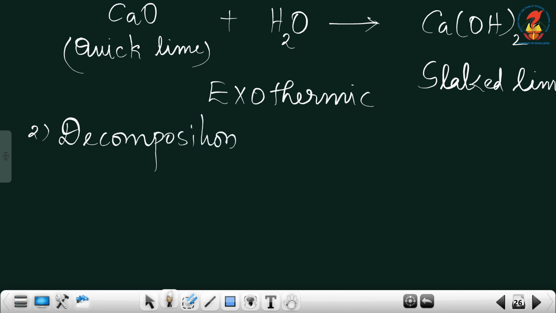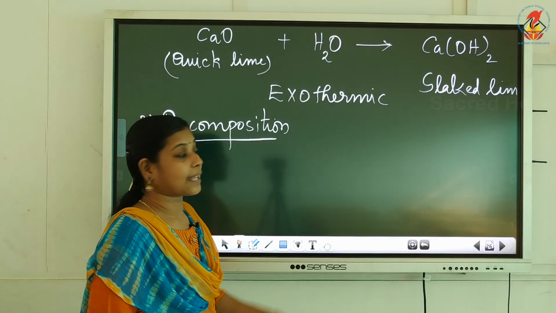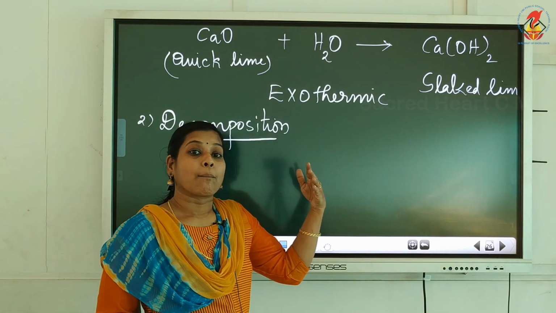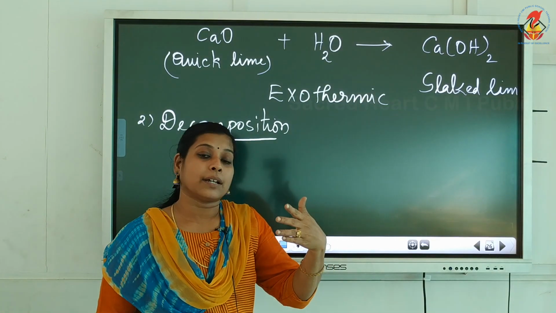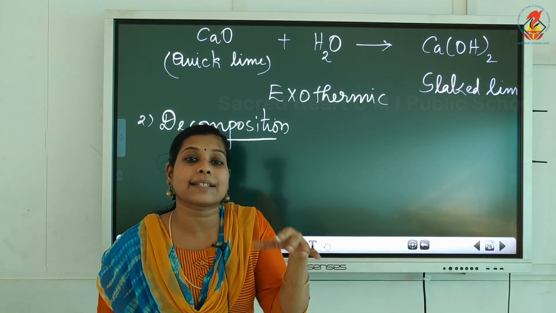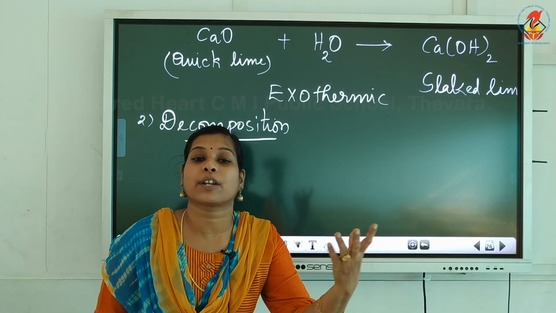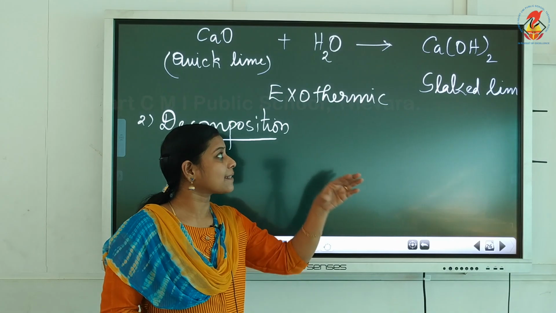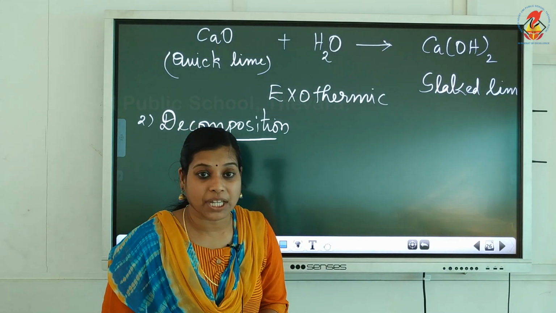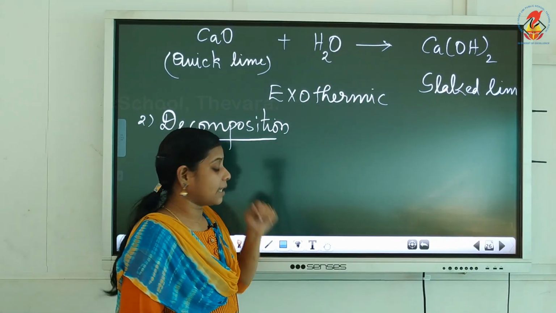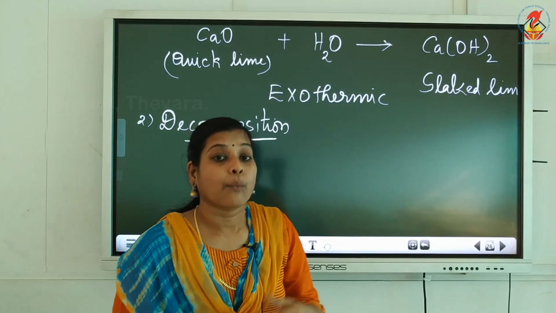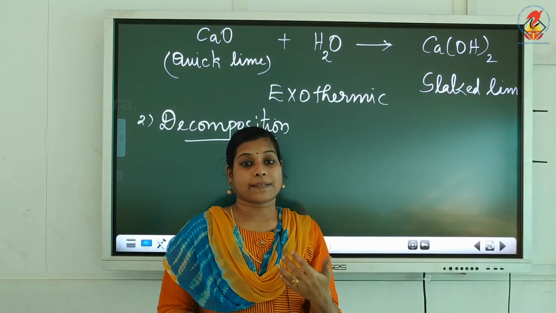That means a single reactant is split into two or more products. That is just the opposite of the combination reaction, and this decomposition reaction will be done in the presence of different types of energies.